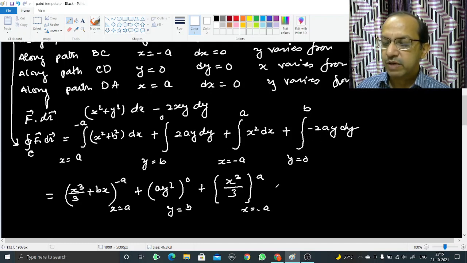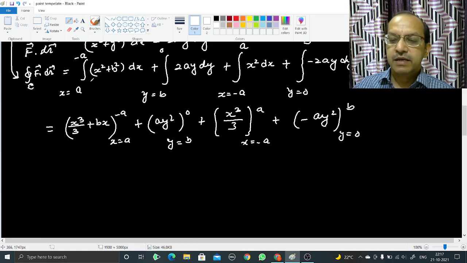That means it will be equal to minus ay square, where y equals 0 to b. What is left here is x square plus b square integrated with respect to x. It will give x cube by 3 and then b square x.